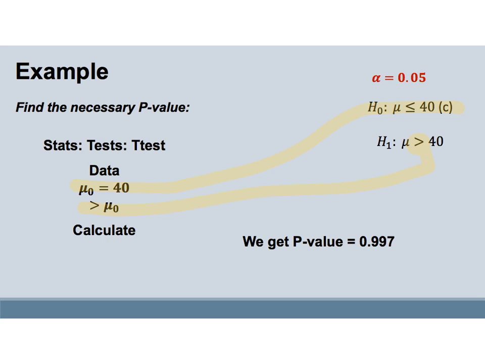So mu naught is 40. Make sure your list is correct. Frequency should stay 1. Then that last one should be greater than. Calculate, and you get a P of 0.997. So for step 3, you would write down t-test and P equals 0.997.